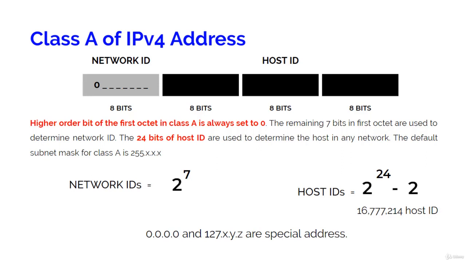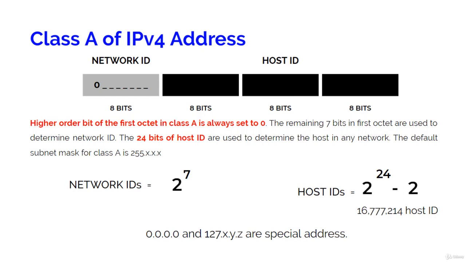The higher order bit of the first octet in class A is always set to 0. The remaining 7 bits in the first octet are therefore used to determine the network ID. Therefore, the total number of network IDs is 2 raised to 7, which is equivalent to 128. The 24 bits of host ID are used to determine the host in any network.